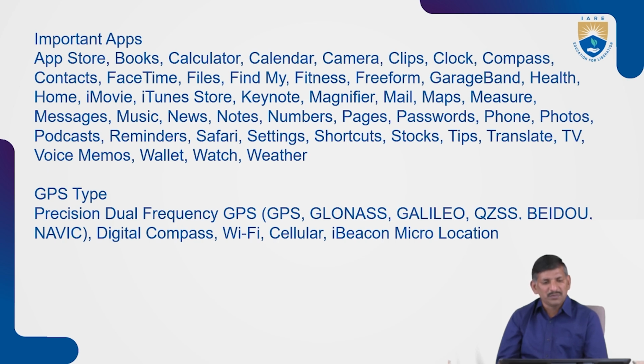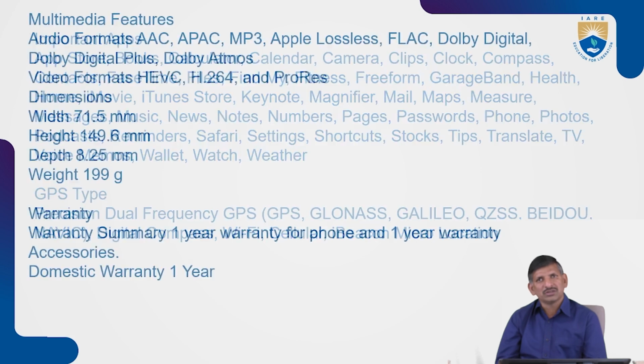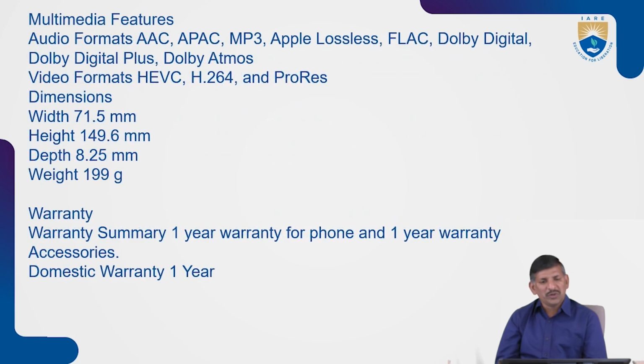Next, GPS type is precision dual frequency GPS, GLONASS, Galileo, digital compass, Wi-Fi, cellular, iBeacon, micro location. Coming to the multimedia, it supports audio files. Suppose we have different types of audio files, say music or videos.